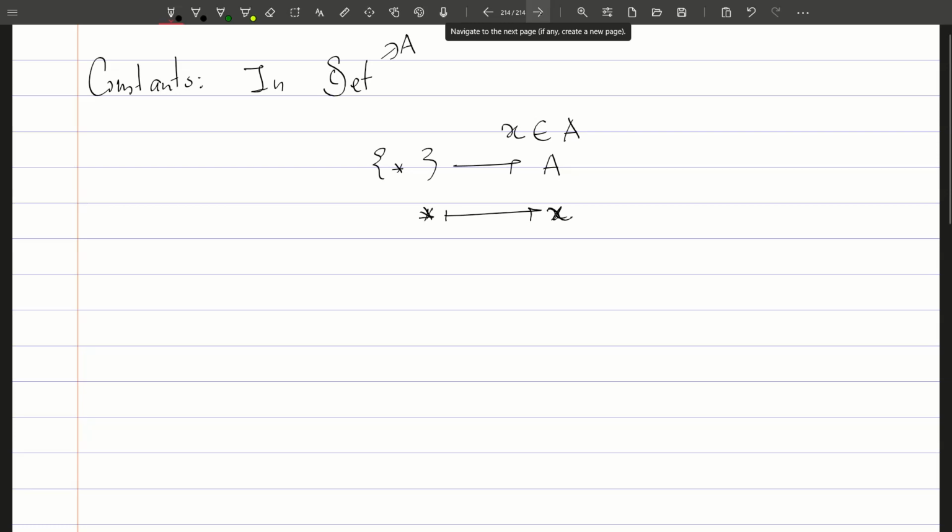So each element in A can be identified with a function from a singleton to A. Thus, if we pick a specific singleton, say star, and call it 1, the elements of the set A are in one-to-one correspondence with the set Hom(1, A).